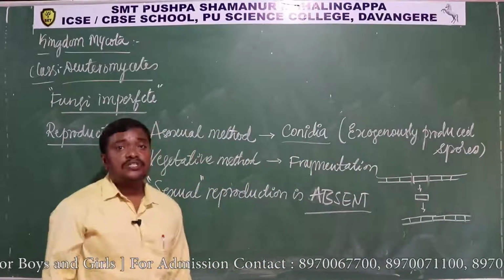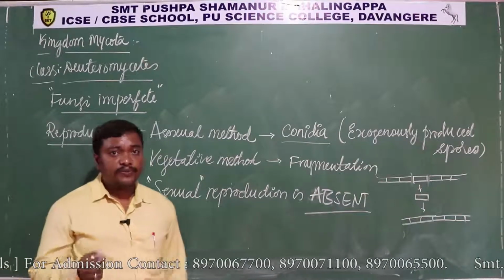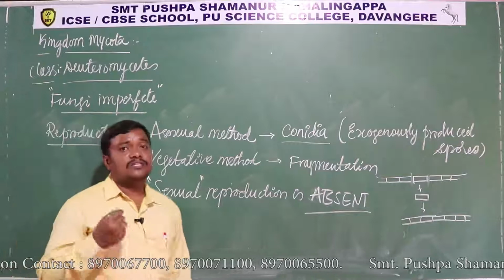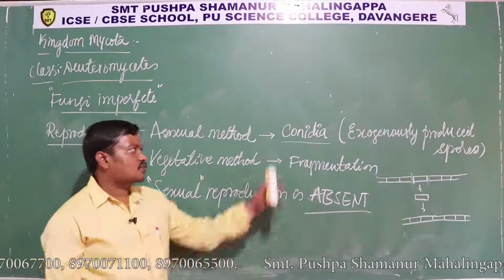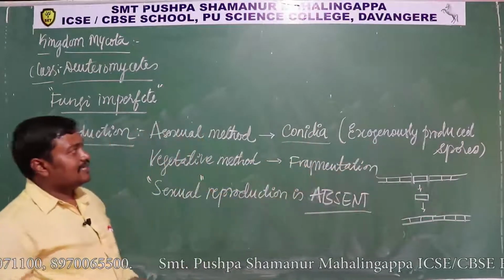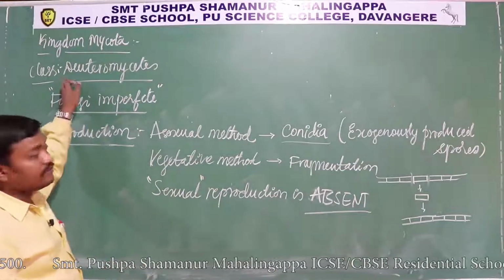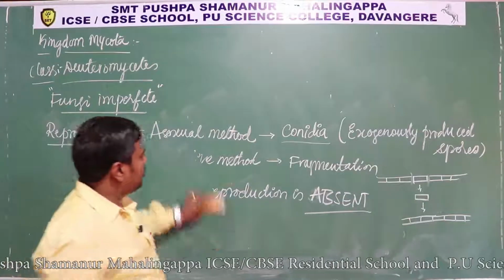Okay, exogenously produced spores are called conidia. Similarly, endogenously produced spores are also there. In the previous class we discussed that endogenously produced spores are either aplanospores or zoospores, whereas conidia are exogenously produced spores. So conidia is a common method of reproduction in the case of deuteromycete. Okay, so this is about reproduction.